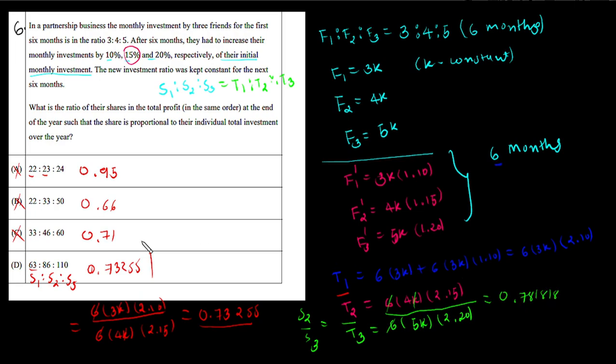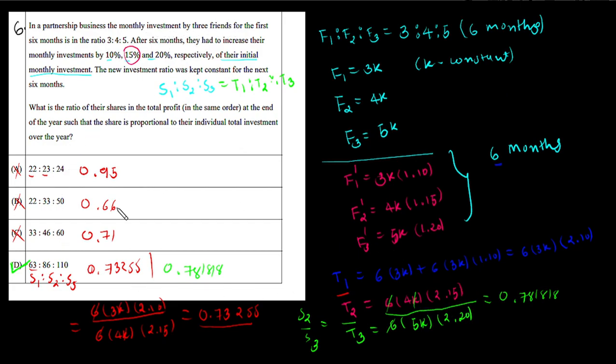Now again let's divide 86 by 110. It will give the same number, 0.781818. So you can see option D is the correct ratio for the individual share of these three friends.